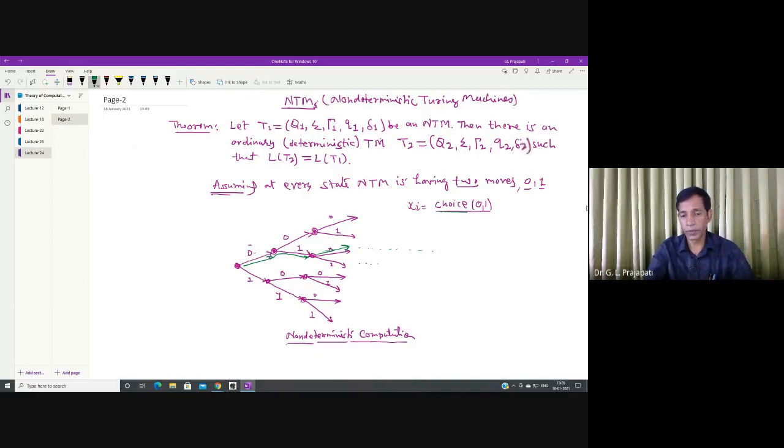And if the number of steps it follows is polynomial, then non-deterministic polynomial time means the machine makes a polynomial number of steps to get the correct answer. Then we say that your machine takes non-deterministic polynomial time to decide whether you are getting the answer or not.